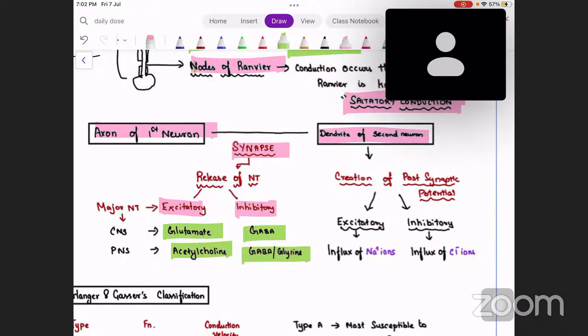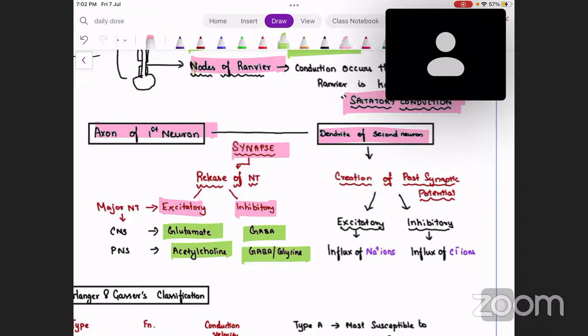Once the excitatory or inhibitory neurotransmitter has been released, it goes and binds with the postsynaptic receptors, which are voltage-gated ion channel receptors. So it may create a postsynaptic potential.